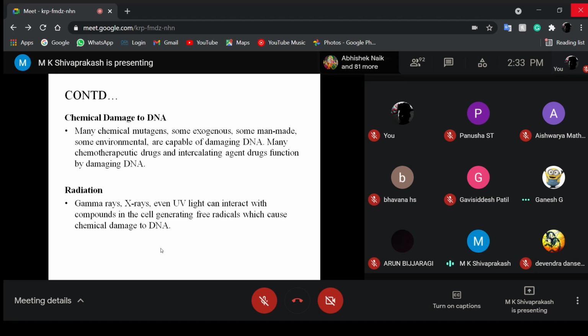Many chemical mutagens, some exogenous, some man-made, some environmental, are capable of damaging DNA. Many chemotherapeutic drugs and intercalating agents function by damaging DNA.